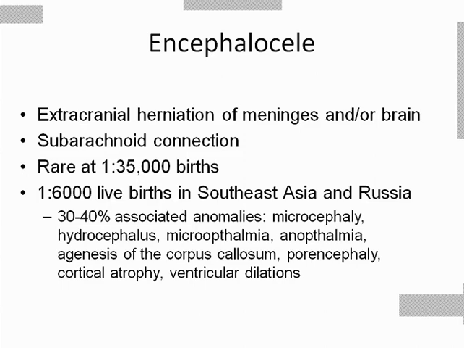30 to 40% will have associated anomalies, like microcephaly, hydrocephalus, microophthalmia, anophthalmia, diseases of the corpus callosum, prosencephaly, cortical atrophy, and ventricular dilatation. These are all the various CNS abnormalities with encephaloceles.